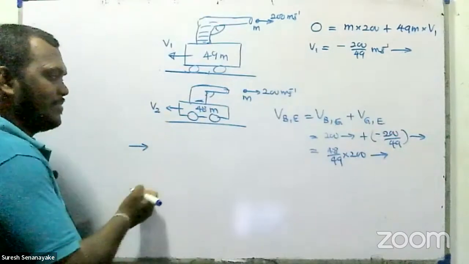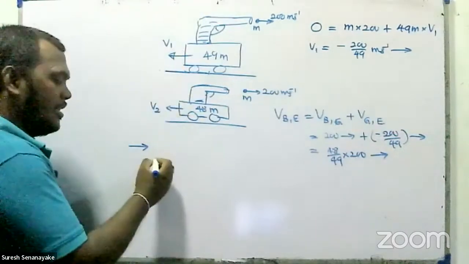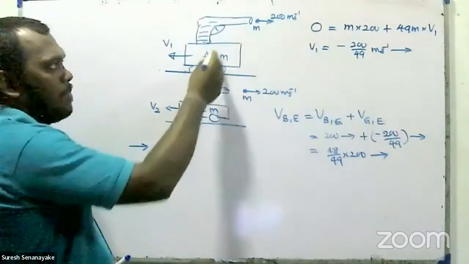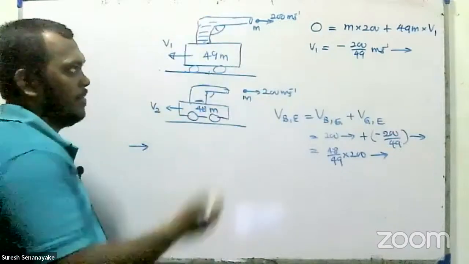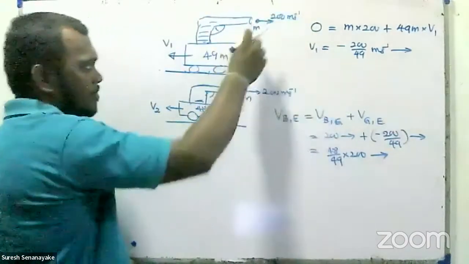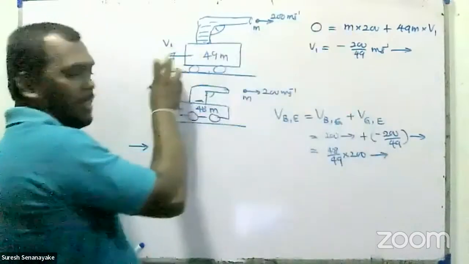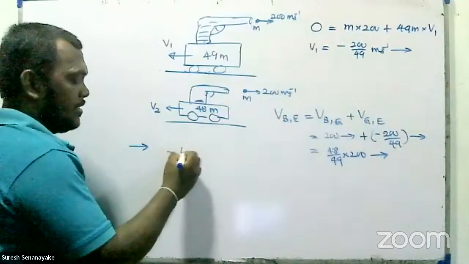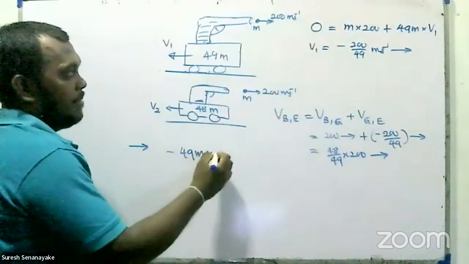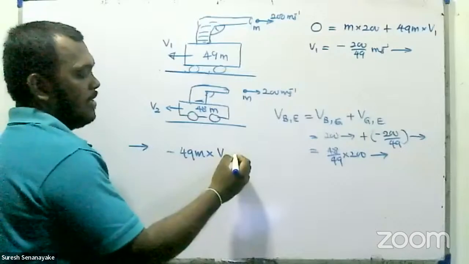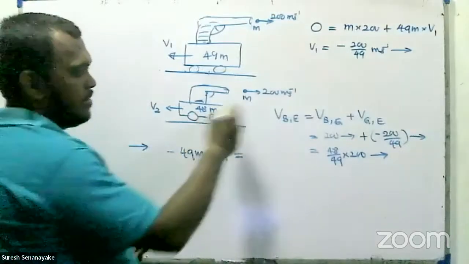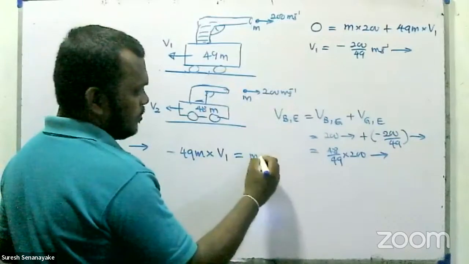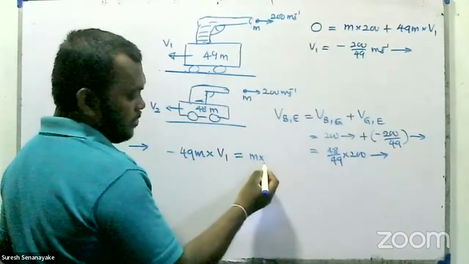Initial momentum: without this bullet, now I'm considering the gun moving backward. So it is minus mass 49m multiplied by V1. That should equal the final momentum, the momentum of the bullet. So it is m into, now not the 200 here, right?